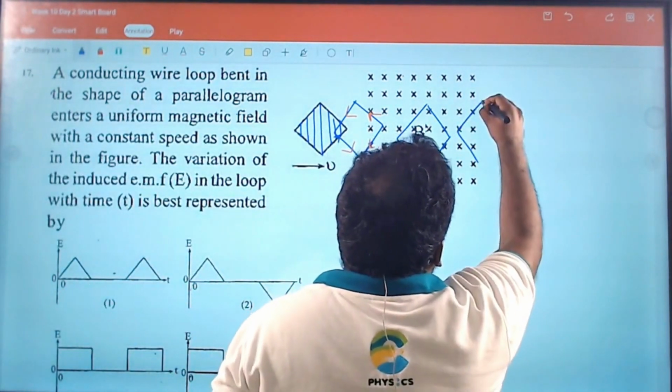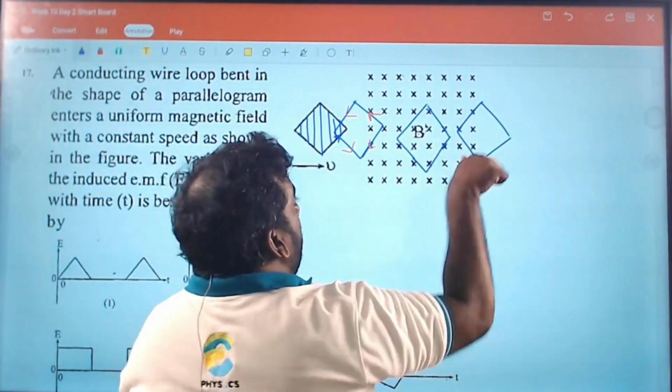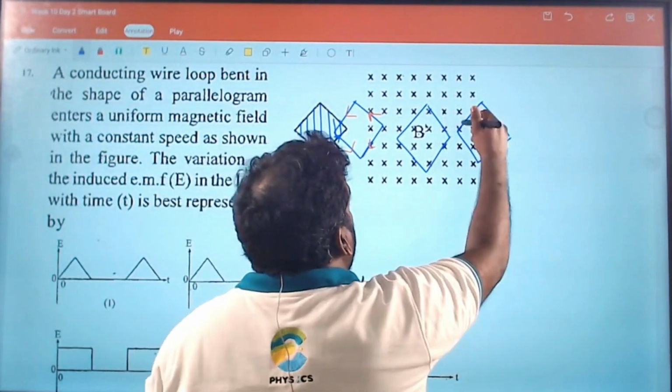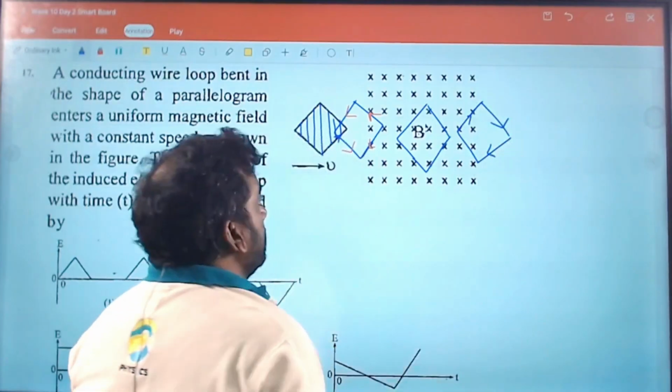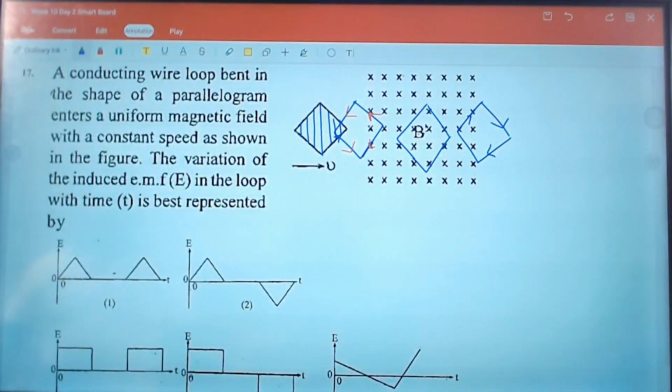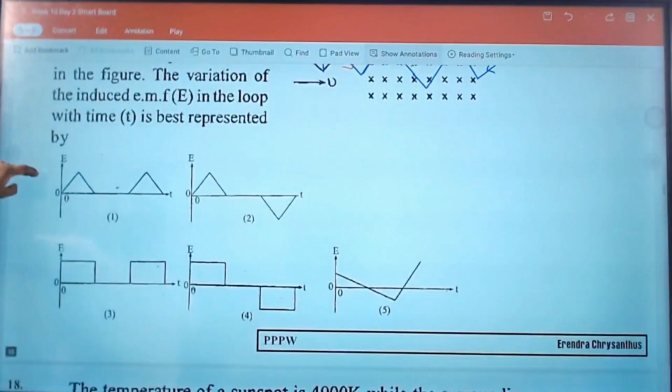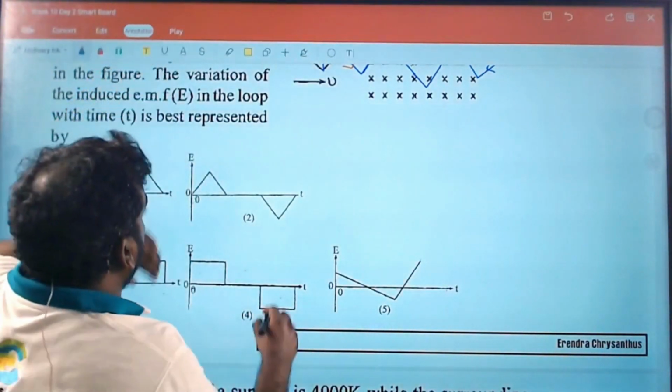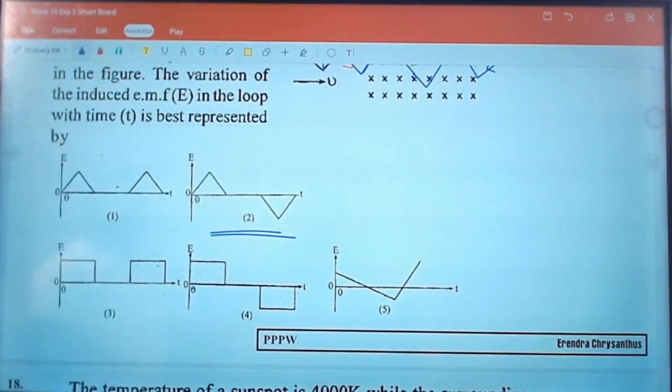When it's coming outside, little by little field will reduce and we oppose it. Current will go clockwise. So anti-clockwise, clockwise. What is more suitable? Correct answer is answer number 2.